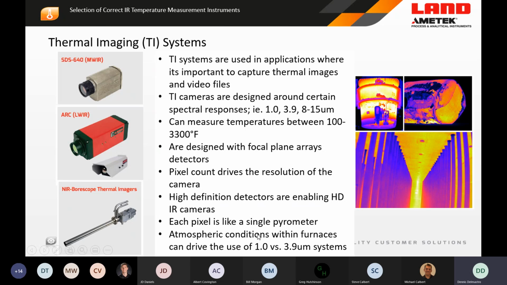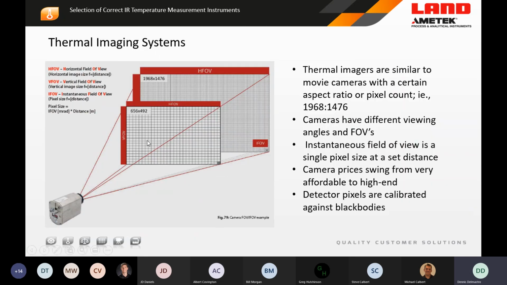And it's notable here, that's why I put in this last bullet, the atmospheric conditions within a furnace can drive the use of a 1 versus a 3.9 micron system. I mentioned these cameras are kind of like CCTV cameras or movie cameras. They've got a horizontal field of view, vertical field of view, and an instantaneous field of view.